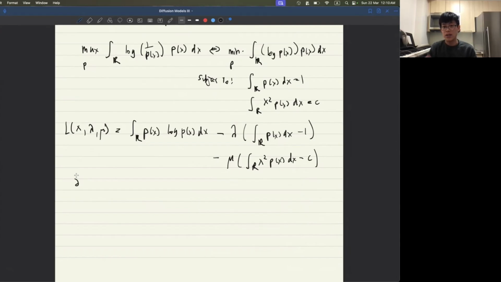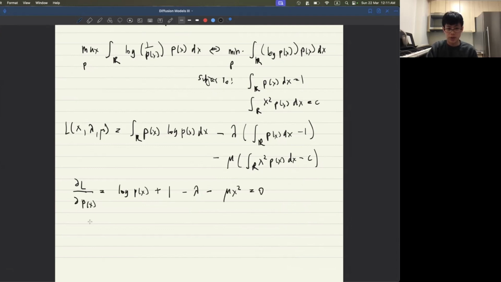So we can just immediately take the derivative at each of these optimization parameters. The partial derivative of the Lagrangian with respect to one of the optimization parameters, let's just say p(x), is equal to, we can just differentiate inside this integral, log p(x) plus 1 minus lambda minus mu x squared.